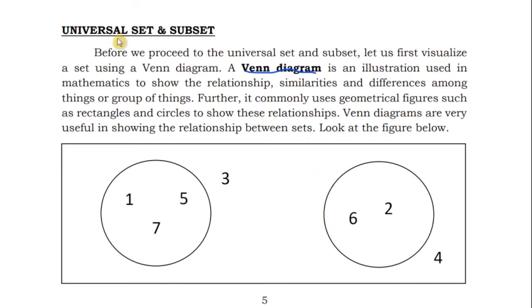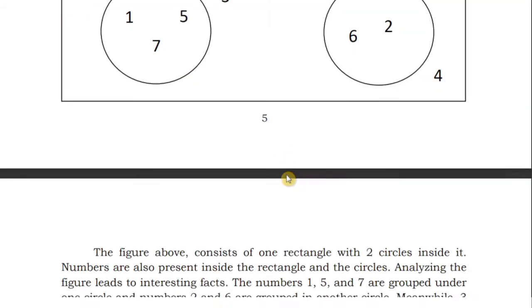That is what you call a subset. The universal set is another name for the mother set, the whole. Then the 3 and the 4 there do not belong to the two given circles, so they do not belong to those given sets, but they belong to the mother set or the universal set. That is how we analyze further the figure in the Venn diagram.